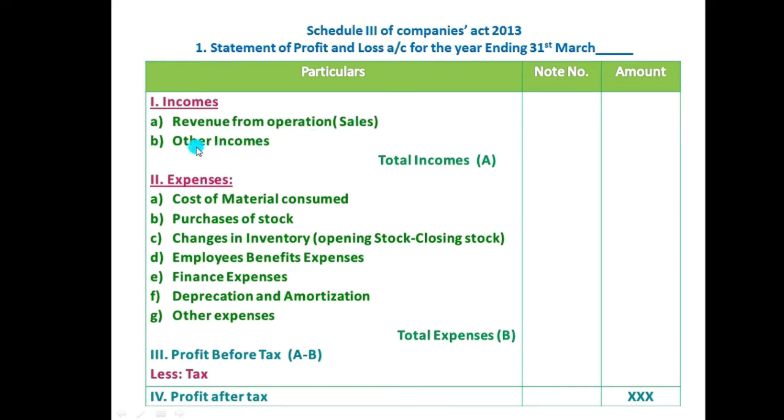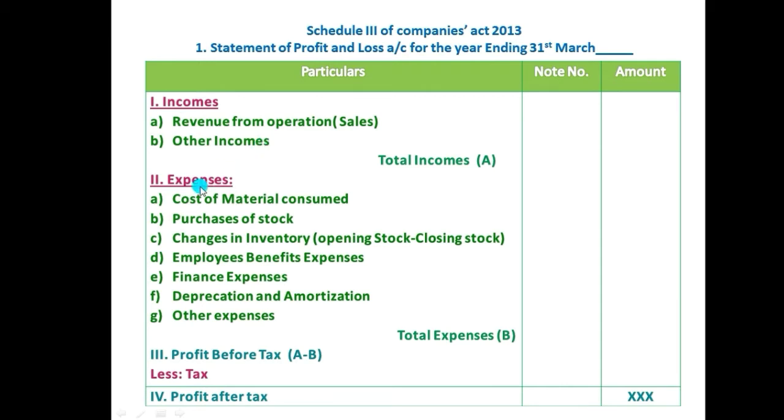Under other incomes, we record any income other than sales received by the company during the financial year, like rent received, interest received, etc. So we come to know the total income of the company when we add revenue from operations and other incomes.